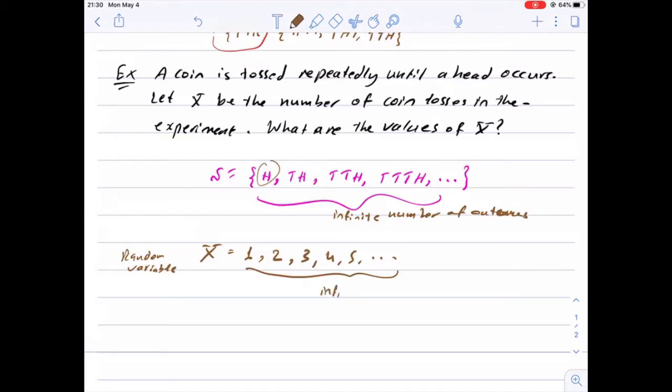This is called an infinite random variable. And actually, since the random variable consists of 1, 2, 3, and we don't have any number between 1 and 2, between 2 and 3, 3 and 4, and so on, this is actually called a discrete random variable.